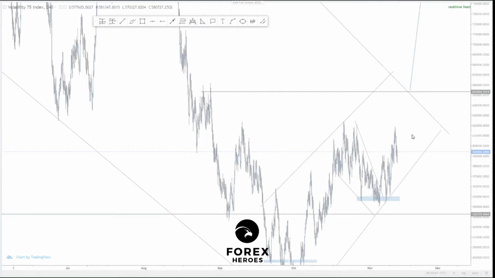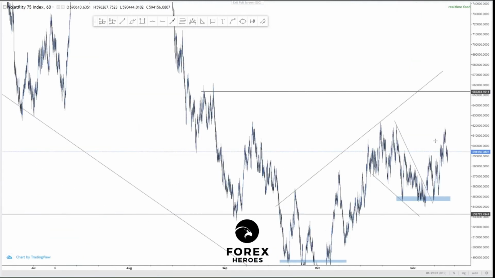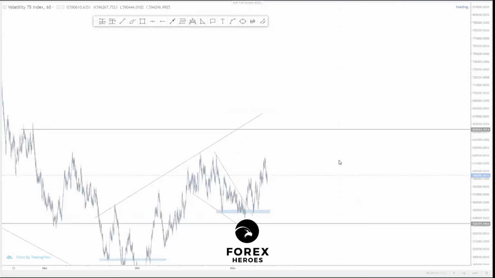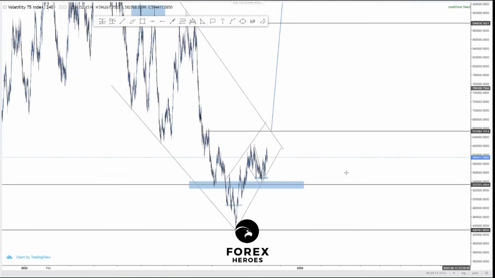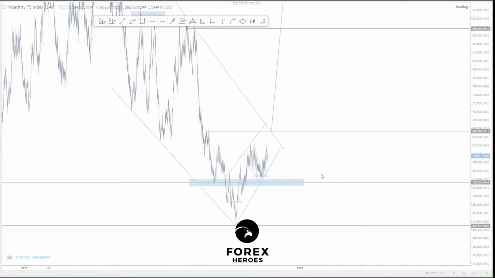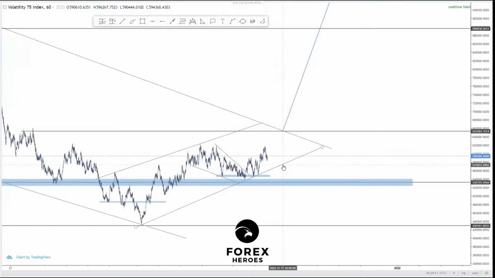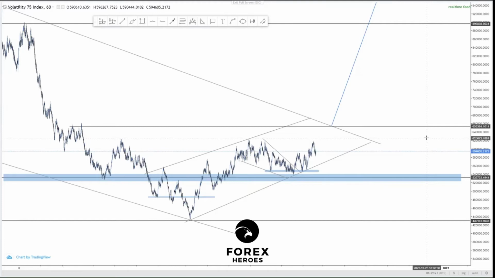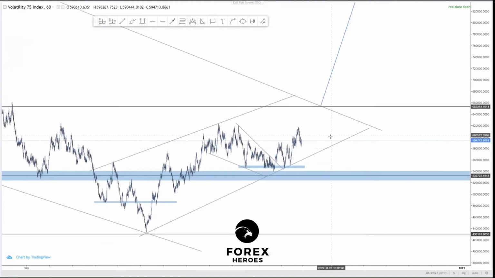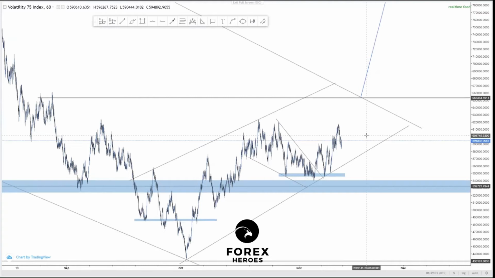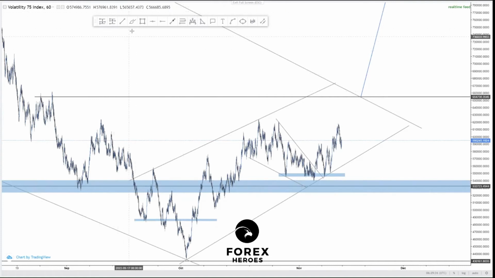One hour is our execution time frame. Here we are having a double bottom, and it pushed further to the downside.